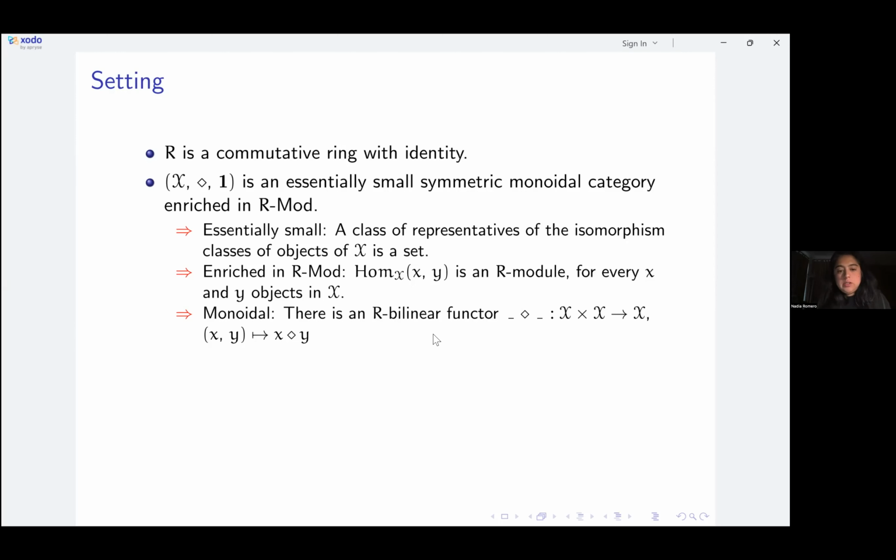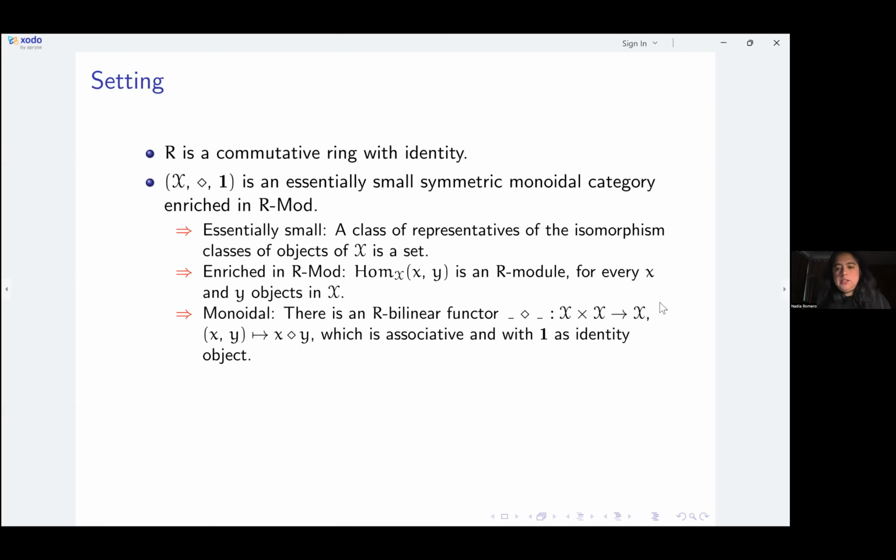And this product, this tensor product, is associative, and we have an identity object. There are more conditions than, again, when we define a monoidal category. We have certain axioms that we need, but I'm not going to give you the whole list. The main idea is that we have a product that is kind of a tensor product. I don't use the symbol of a tensor because I'm going to use that later.